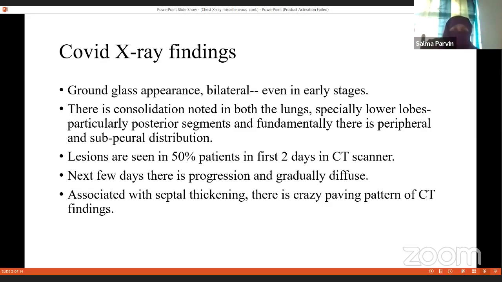Later on, this ground glass appearance progresses and there is consolidation noted in both lungs, especially the lower lobes, particularly posterior segments, and fundamentally there is peripheral and subpleural distribution. Initially, when COVID came on the scene, we used to get a peripherally based consolidation, and that was the typical presentation in COVID pneumonia.